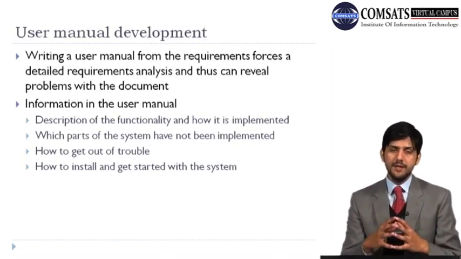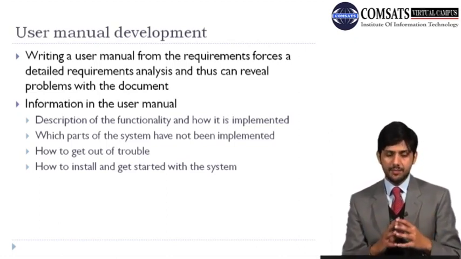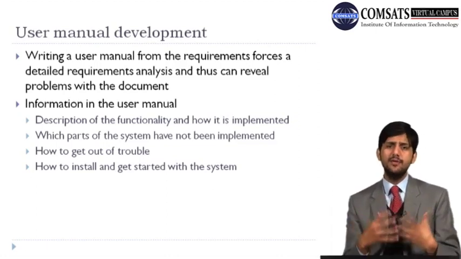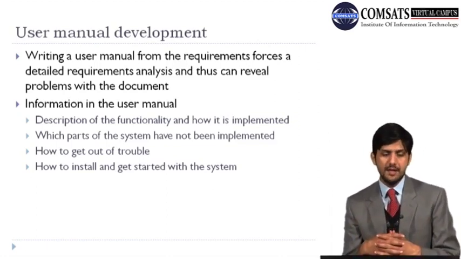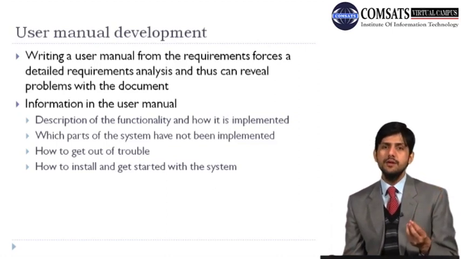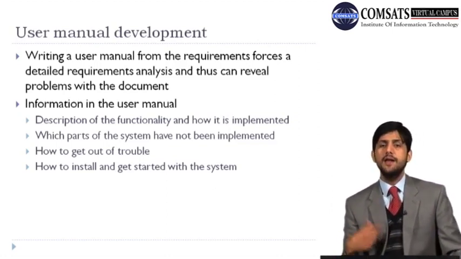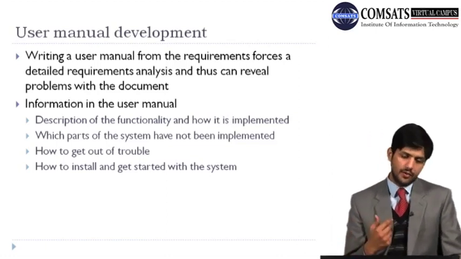So what is the information that is present in a user manual? It describes functionality and how it is implemented, which parts of the system have not been implemented, how to get out of trouble, and how to install and get started with the system. These are the things that normally are part of user manuals. User manuals are also useful for validating requirements, because when we are preparing this user manual, we can identify the problems in the requirements.